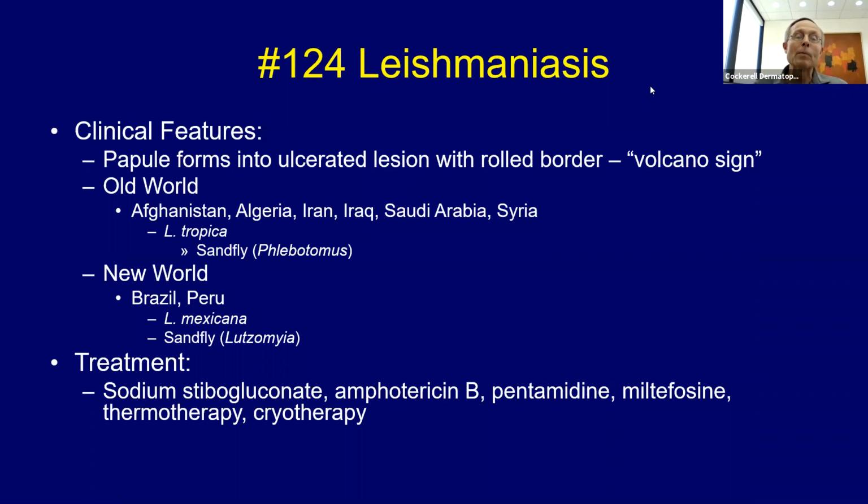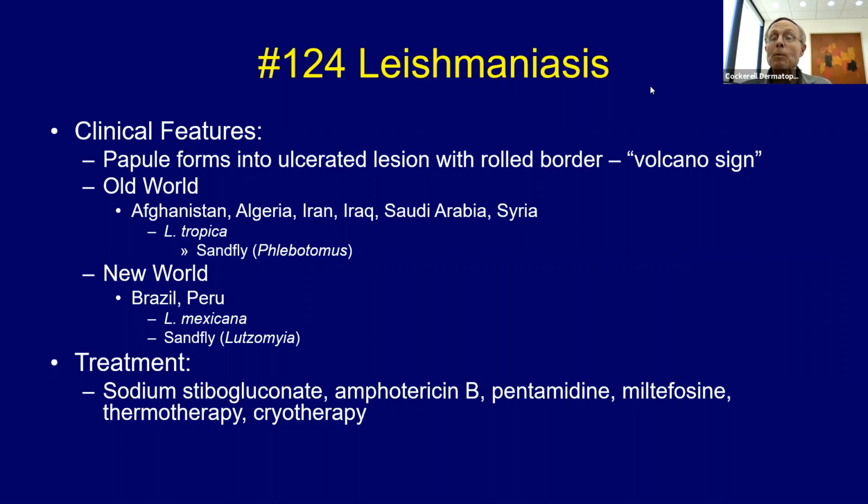I would recommend knowing a little bit about the organisms that cause the Old World versus the New World type, and the sandflies, the Phlebotomus versus the Lutzomyia, which are the 2 different types of sandflies that carry this. We see patients that have been in the Middle East, military, maybe fighting in Afghanistan or Iraq, and they come back to the United States and bring it with them.